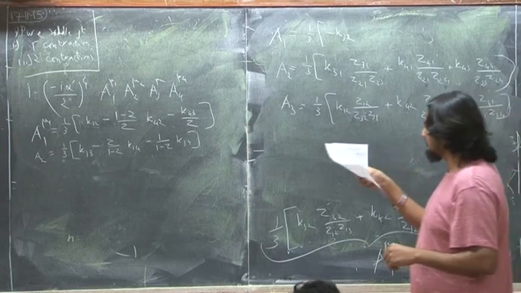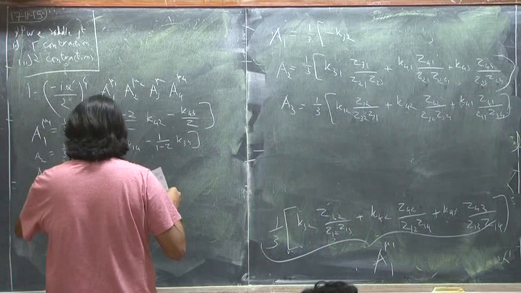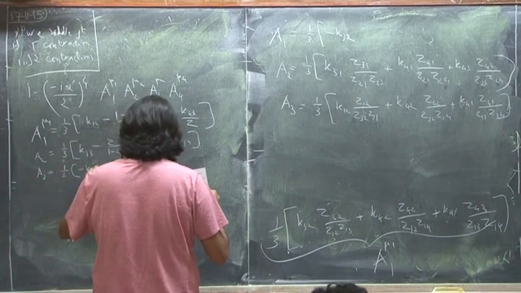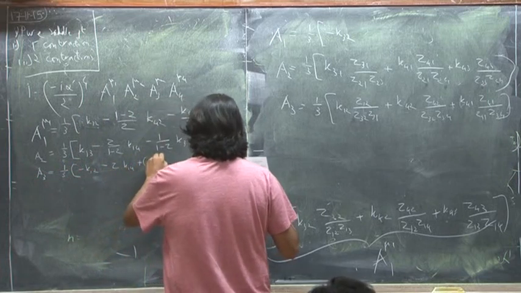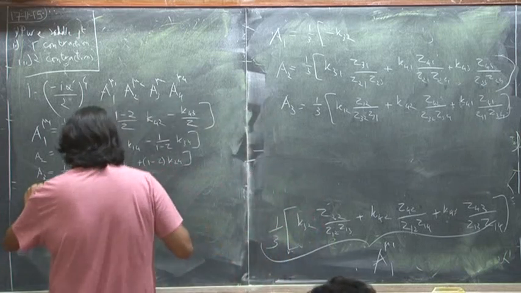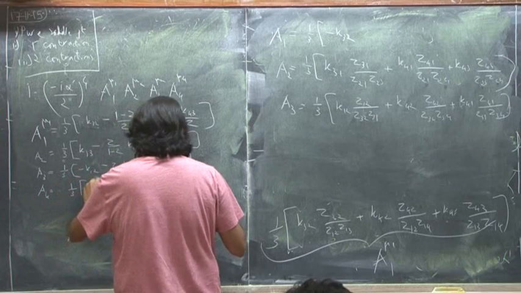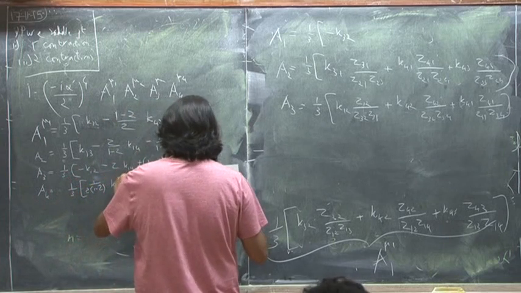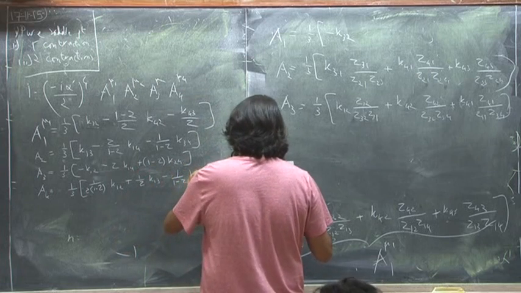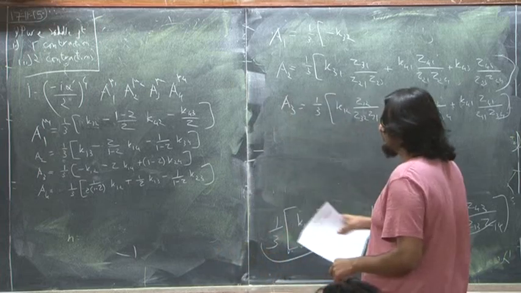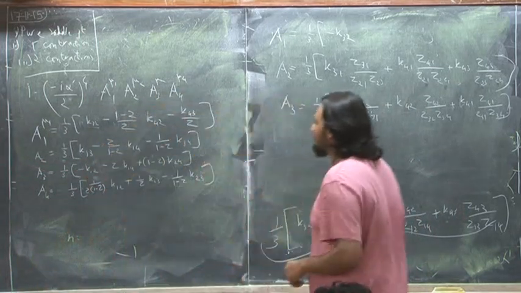Let me just write down all the cases. If there are sign mistakes in these two, we are going to have to remove them, because I don't see the point of going to the future section. Anyway, so that's A1, A2, A3, A4.